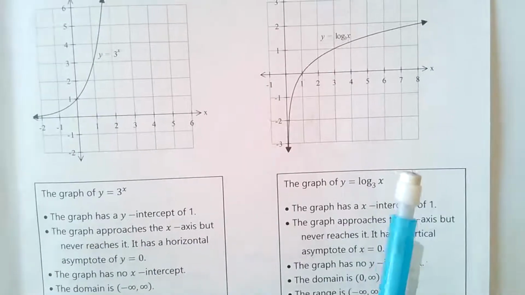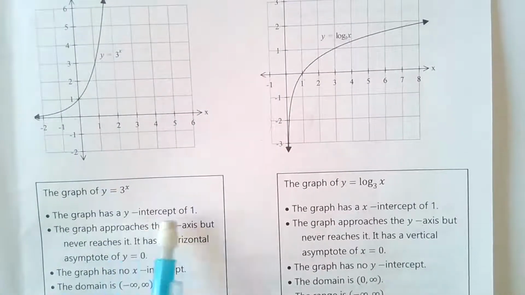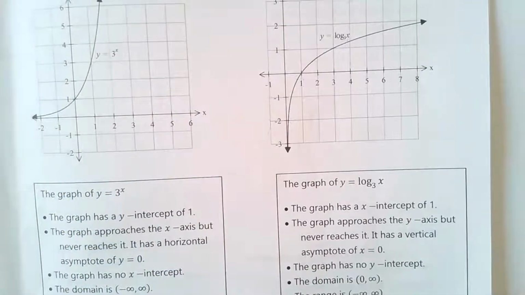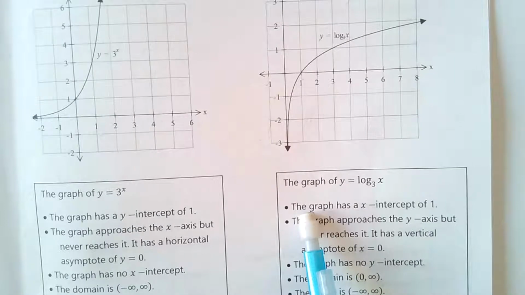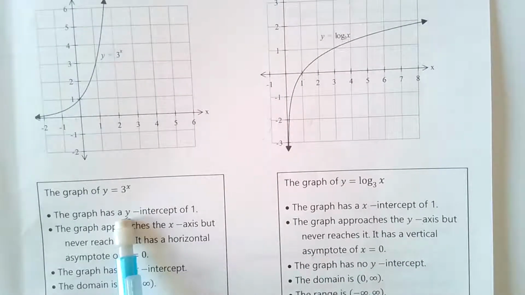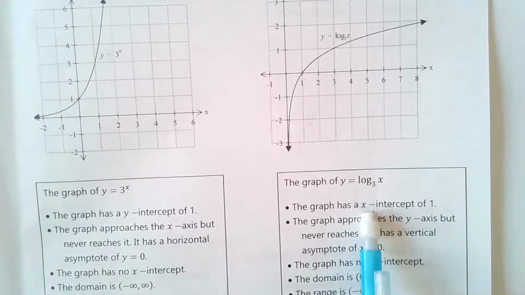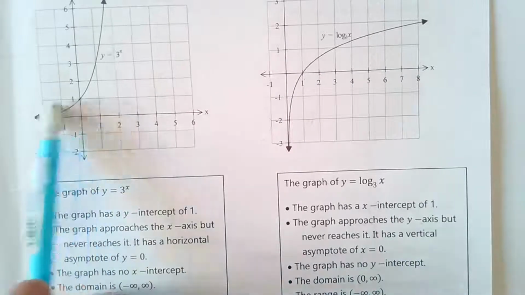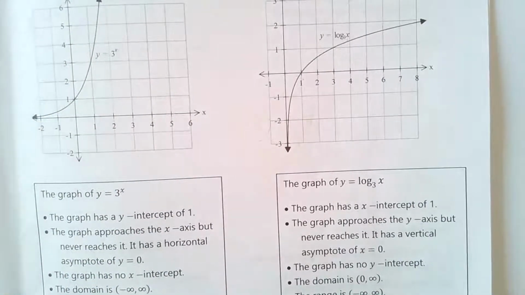Just to recap, if you have an exponential function, the graph has a y-intercept of 1. Now, the log function graph has an x-intercept. Notice this is a y-intercept for the exponential function, but the log function has an x-intercept. There's no x-intercept in a standard exponential function, y equals 3 to the x.